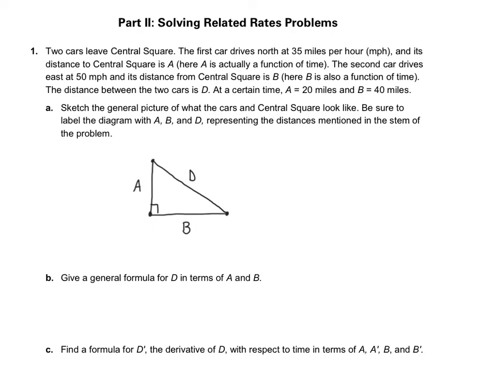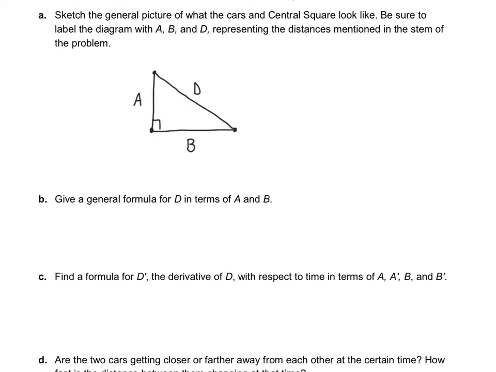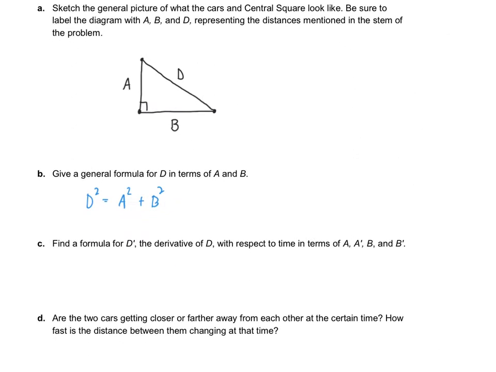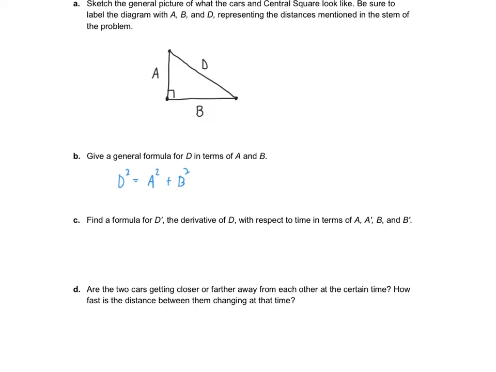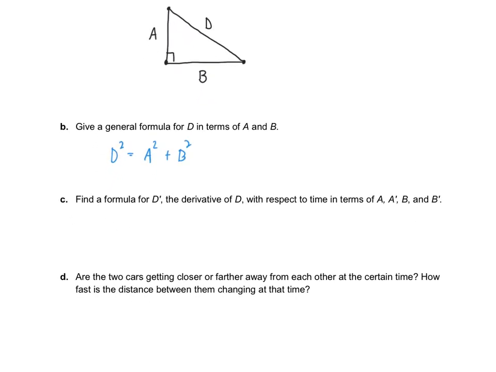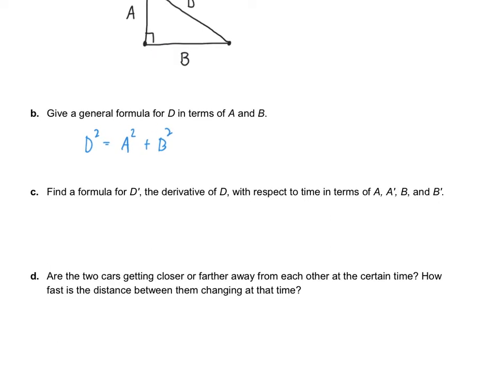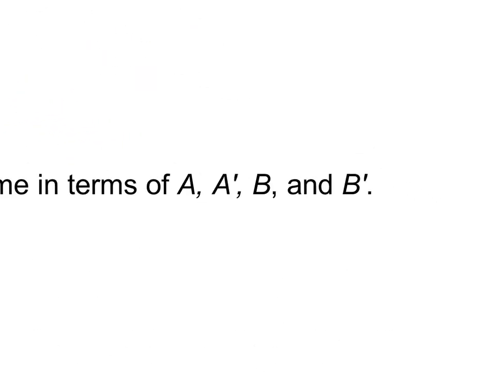Give a general formula for D in terms of A and B. Since we have a right triangle and we want to involve all three variables, that's the Pythagorean theorem. Now find a formula for D prime, so we'll just take the derivative of this: the derivative of D with respect to time, in terms of A, A prime, B, and B prime. Just keep in mind the different notation.